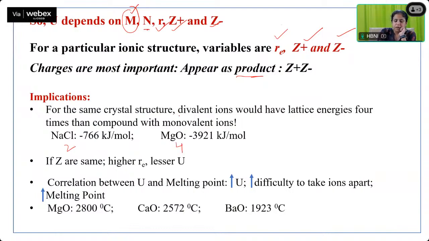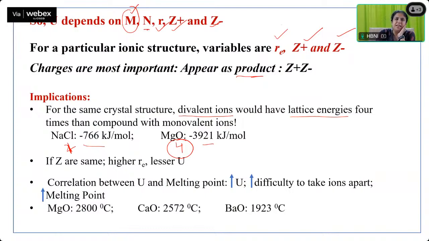The lattice energy will be roughly 4 times as compared to the structure having the monovalent ion, if they are crystallizing in the same structure, which is evident here. NaCl has a lattice energy of 766 and this one has 3921.